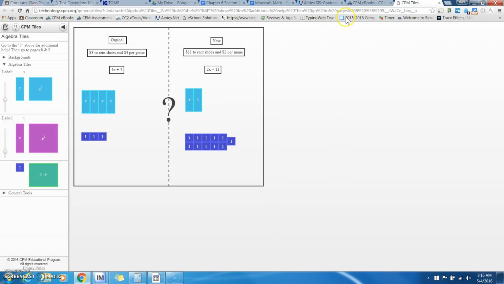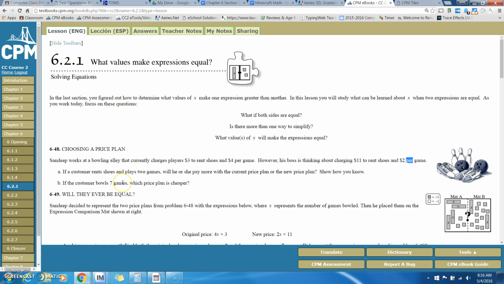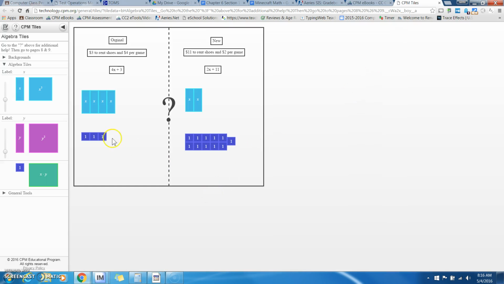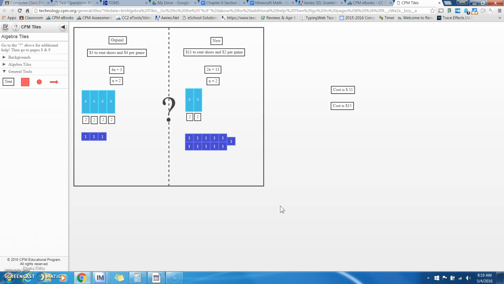So let's now go back to A. It says if the customer plays 2 games, will he or she pay more for the current price plan or the other? Show how you know. So looking at this, that means x will be 2. So for each one, I'm going to replace the x's with the value of 2. You can see I've already set that up on each side.